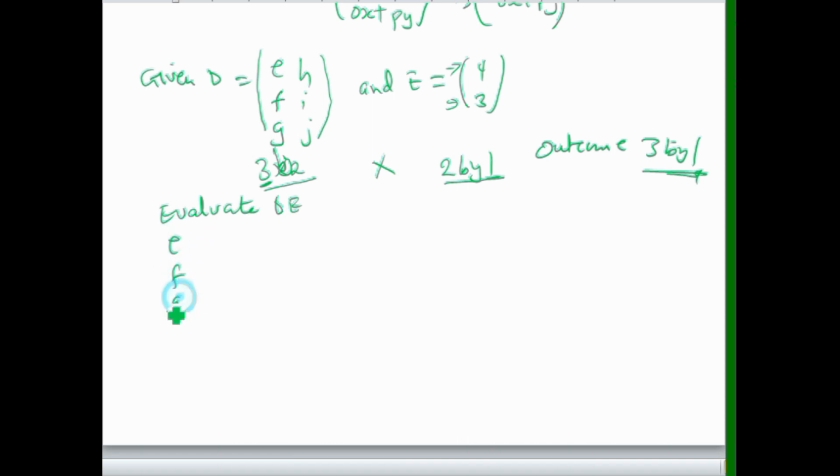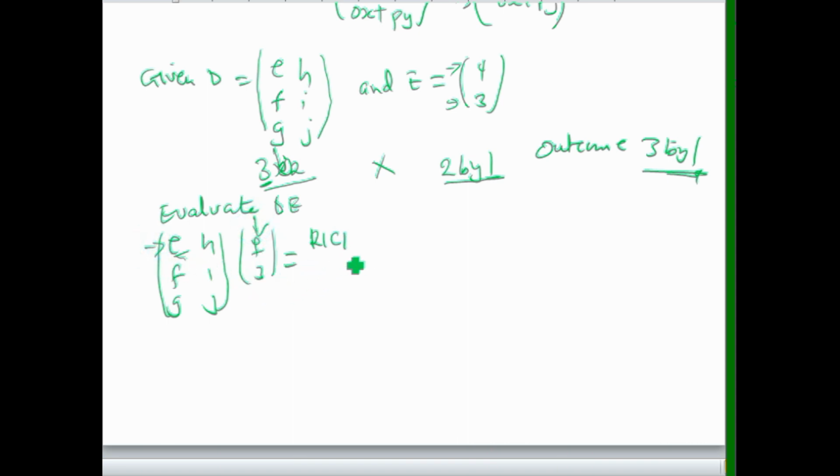So you just take e, f, g, h, i, j. Multiply that one by 4, 3. Now multiply the two and get the values. We start with the first row, first column.